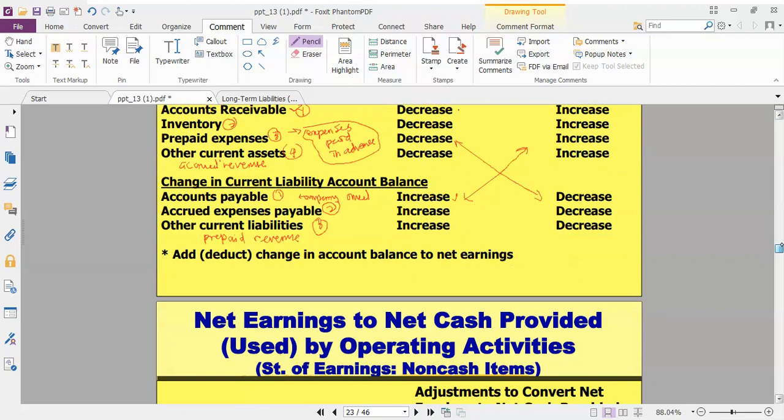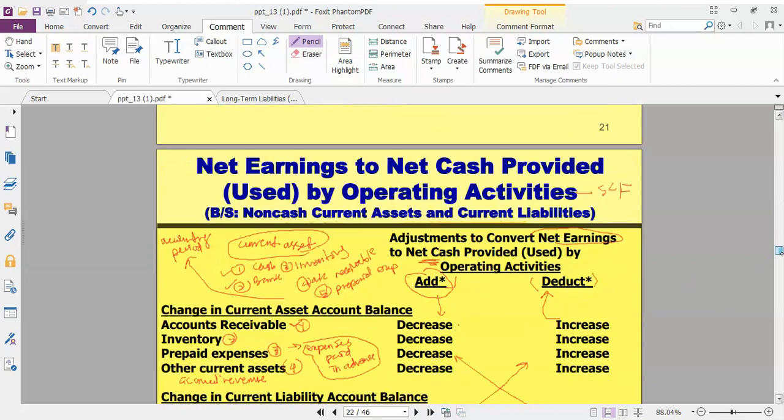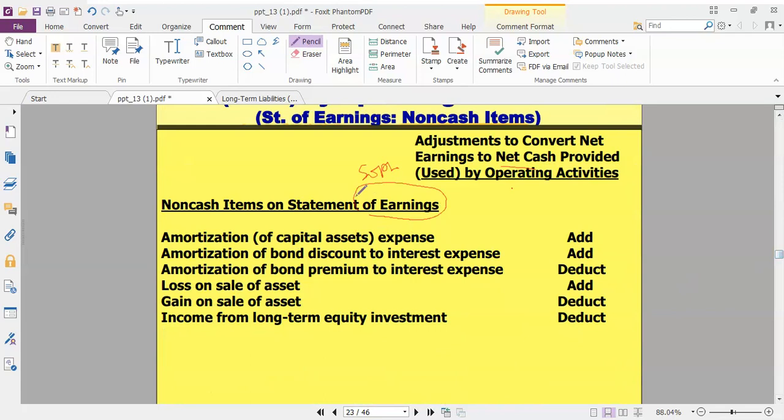Tadi kita dah tengok yang ada dekat balance sheet, iaitu current assets dengan current liabilities. But then let's look at the earnings pula. SOPL, apa lagi non-cash item yang ada, iaitu contohnya amortization of capital asset expenses. Okay, kalau kita ada bayar expenses, kita kena add on.